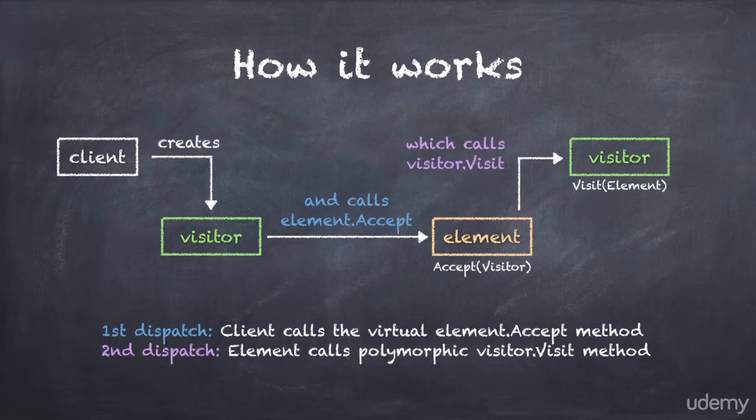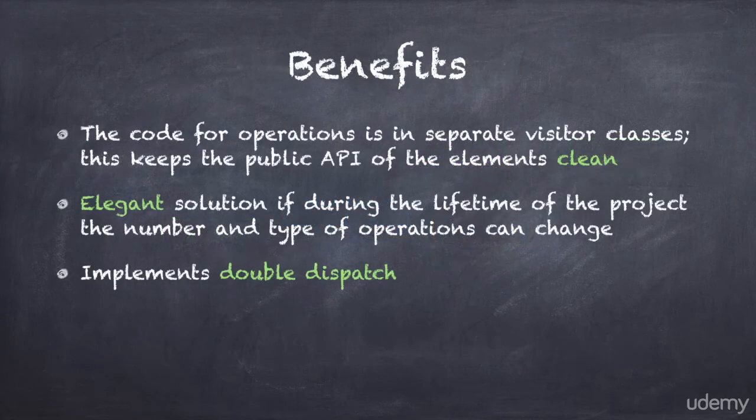The visitor pattern offers a number of benefits. First of all the code for the operations that we want to apply to the elements is in separate visitor classes. This keeps the public API of the elements clean. The elements only need to provide access to their value, and they do not have to implement each possible operation.